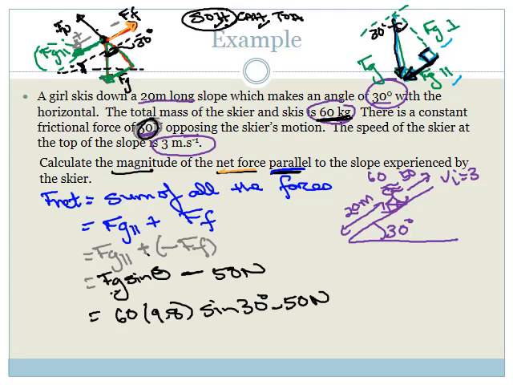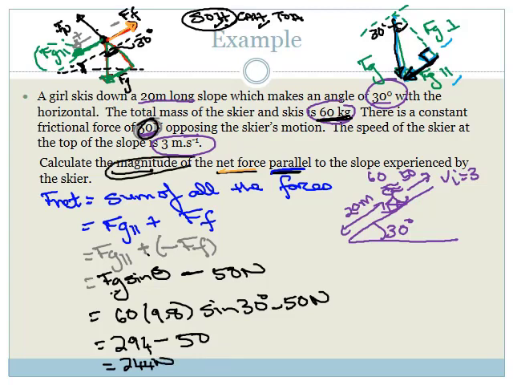Now we put it in our calculator: 60 times 9.8 times sine of 30, which is going to give us 294, minus 50, which is going to give us 244 newtons.